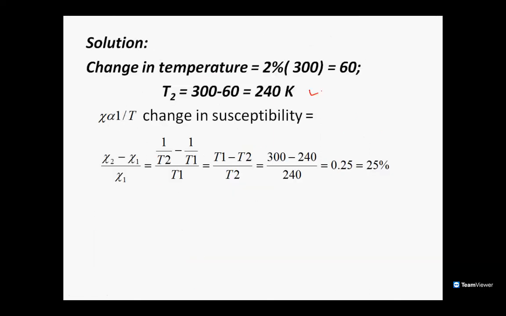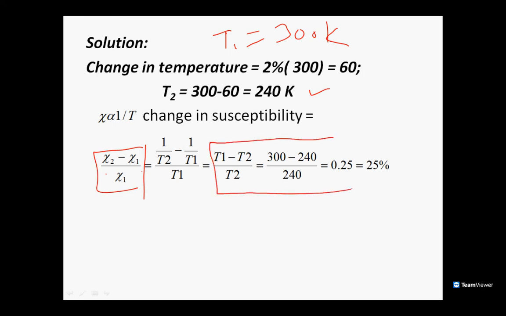Use this relation: Chi2 minus Chi1 divided by Chi1, the final value of susceptibility minus the initial value divided by the initial, equals 1 by T2 minus 1 by T1, divided by 1 by T1. Simplify it.